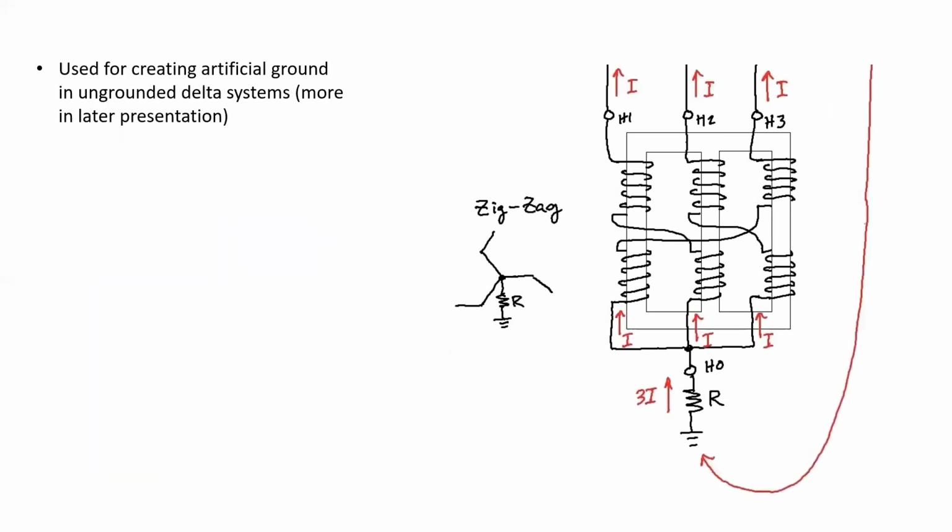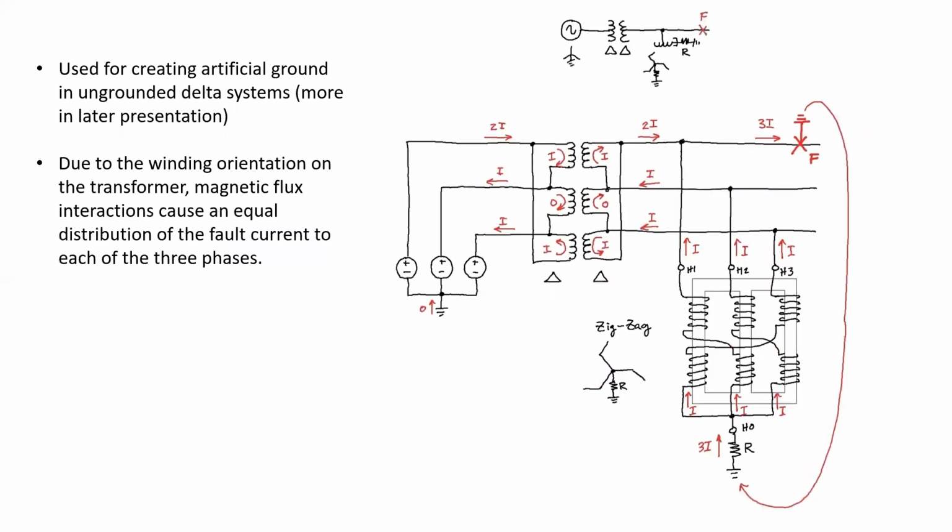This type of transformer is used for artificial grounding in ungrounded delta systems, which we'll discuss in a little more depth in a later presentation. What it allows for is the connection of the ungrounded conductors in the delta system to have a path back if there is a fault.